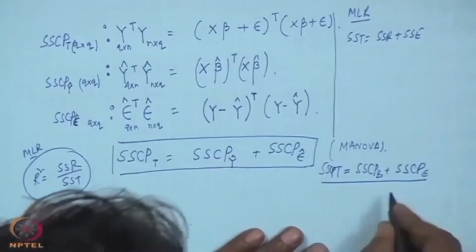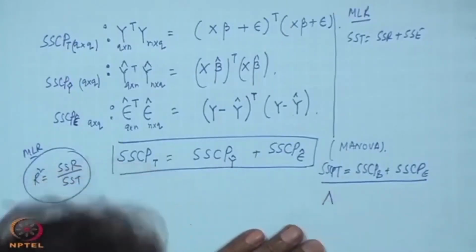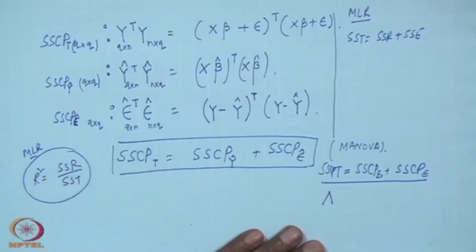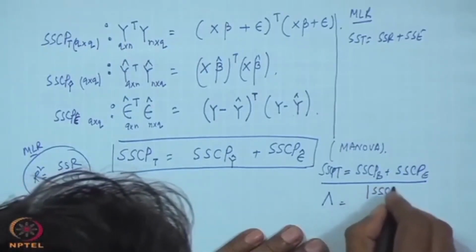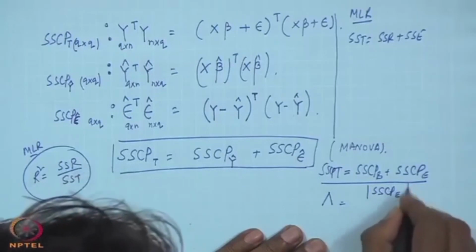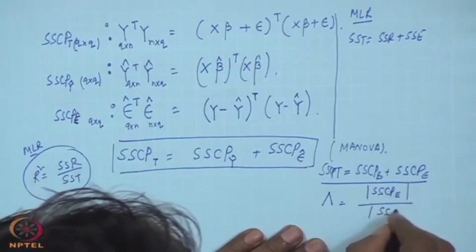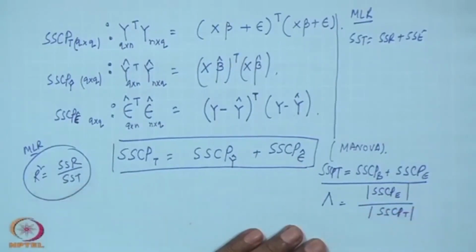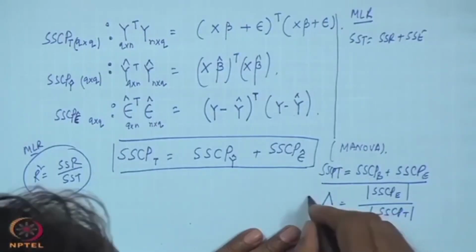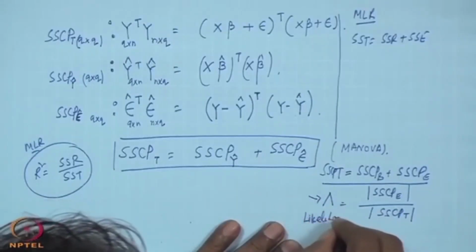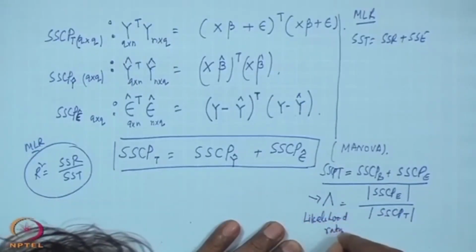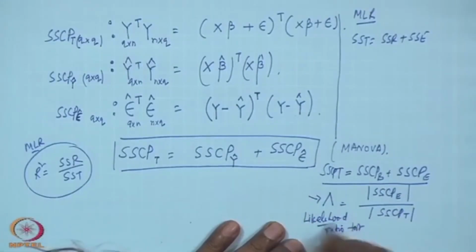But in MANOVA what we have done, we created one Wilks lambda, that is SSCP E divided by SSCP total. So, this is the likelihood ratio test.